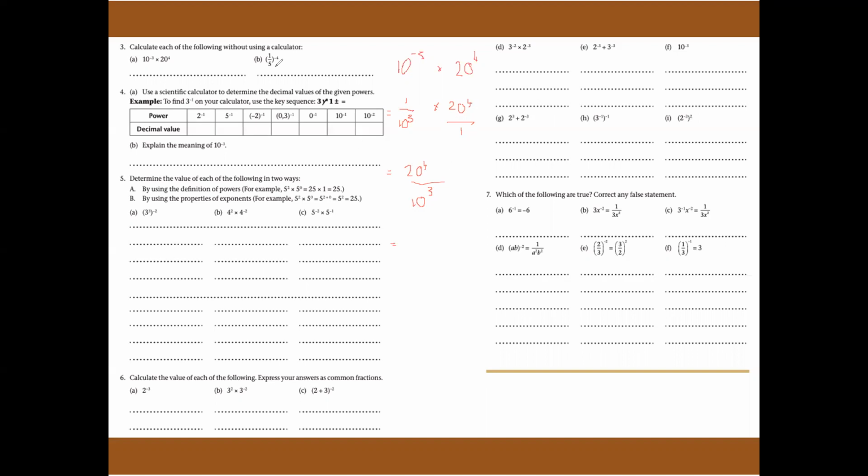So when you aren't allowed to use your calculator, you must try and find ways that your work can cancel out. When it cancels out, you're dealing with a lot smaller numbers, because 20 to the power of 4 will be a big number and it might be hard to work out, especially when you're under a time constraint during a test.